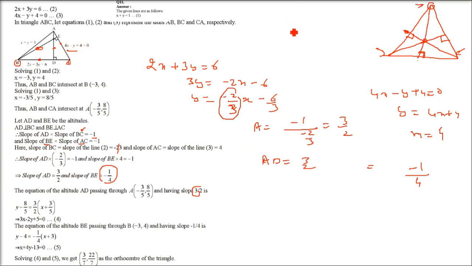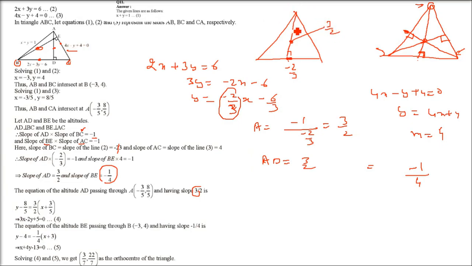Now we have point A also, point B also. Let me tell you again. This is the line whose slope we know, and we found the slope of the perpendicular also, using m1 m2 equals -1. So now the slope is known, for example this is 3 by 2.